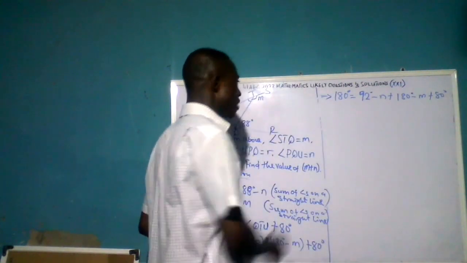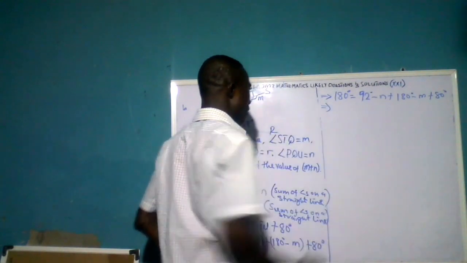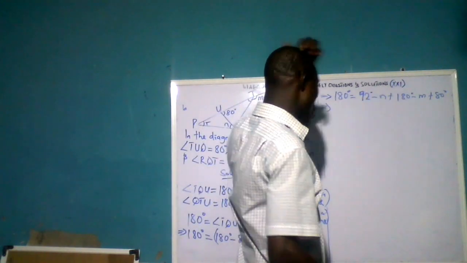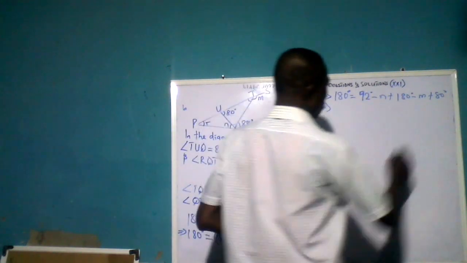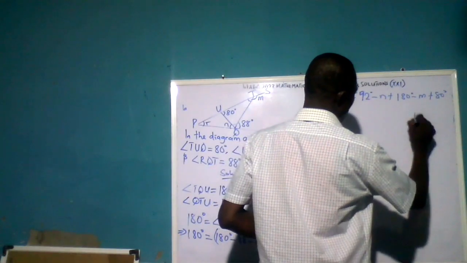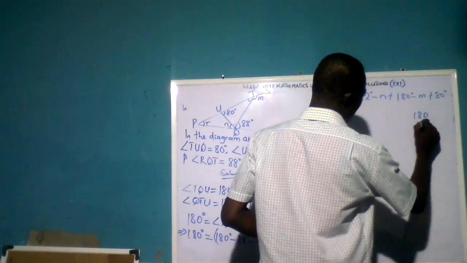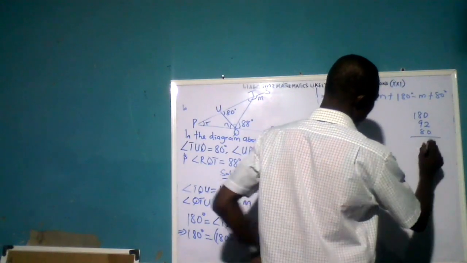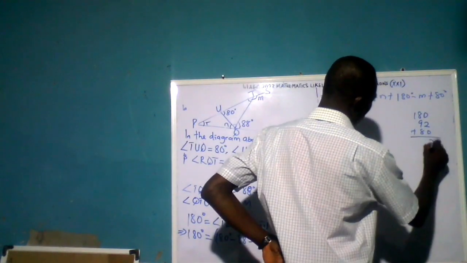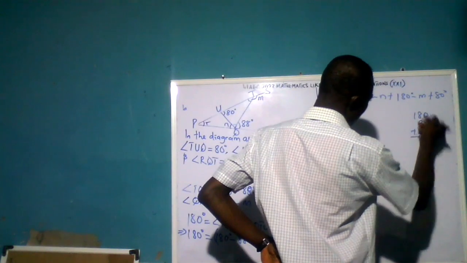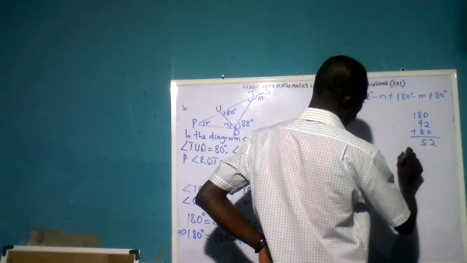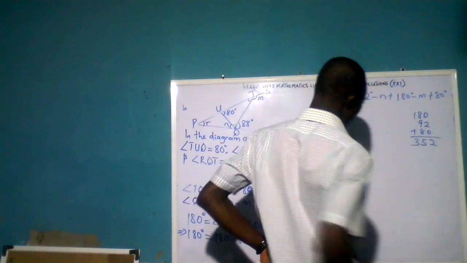Now let's finally collect the like terms. To do that, 92 plus 180 plus 80. So that's 180 plus 92 plus 80. Let's sum it up: that's 352.